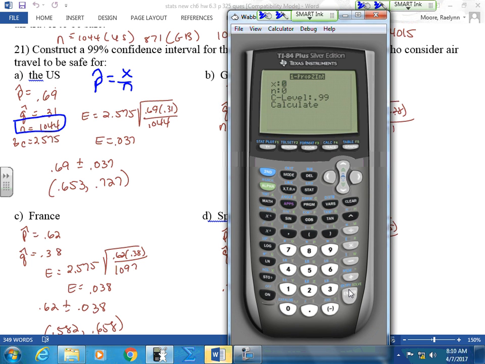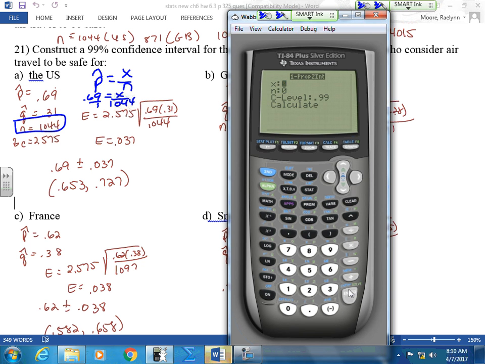How will I find my x if I'm given my p-hat? I'm given my p-hat. I'm not given my x, and I know my n. How can I find my x value? Multiply. Just take your percent and multiply by your n. Isn't that your x? So then you can still use your calculator.